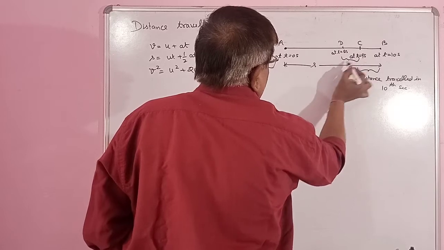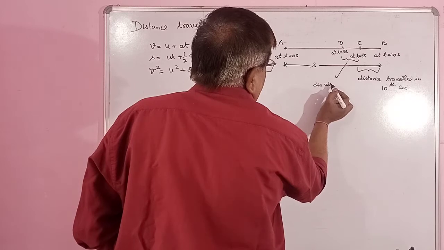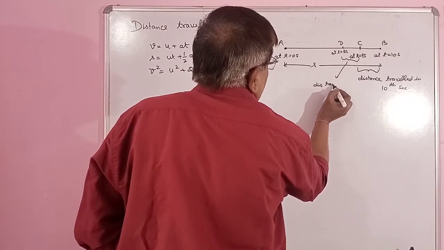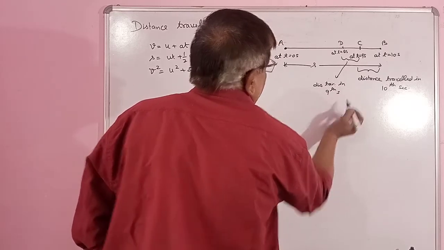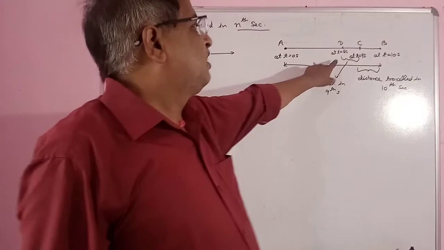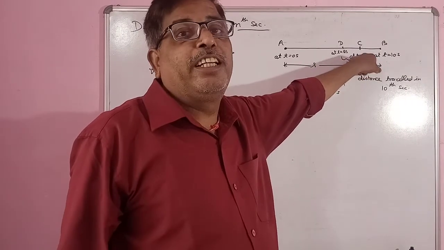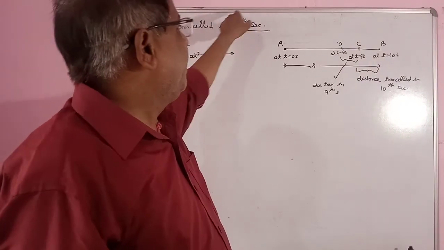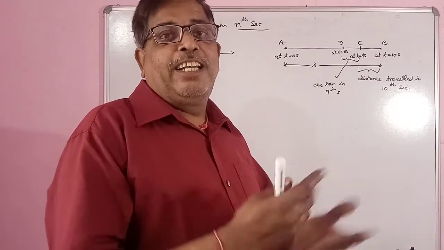So this is the distance in the 9th second. This is the distance traveled in the 9th second. This is the distance traveled in the 10th second. So I am talking about the nth second, not total n seconds. Nth second.